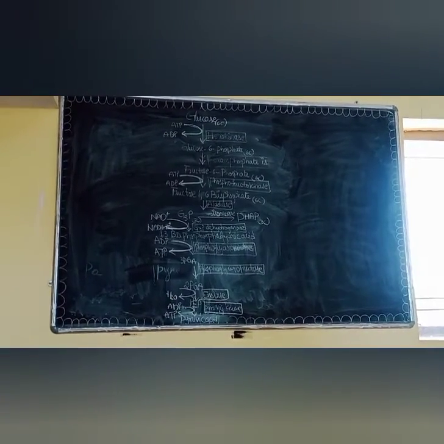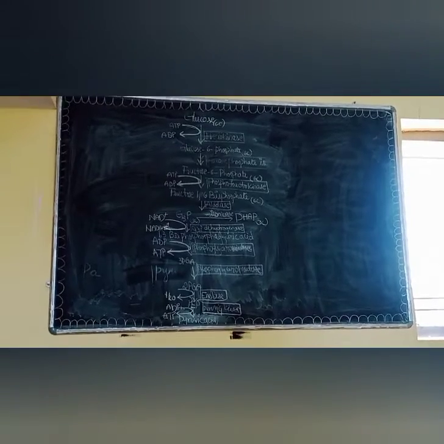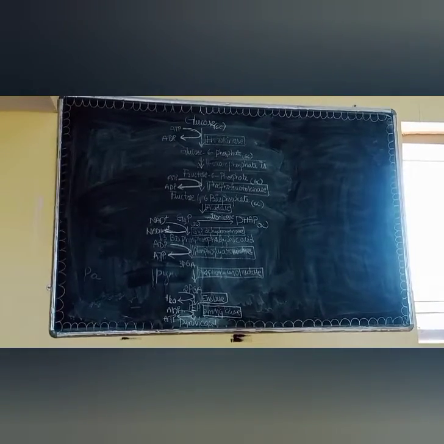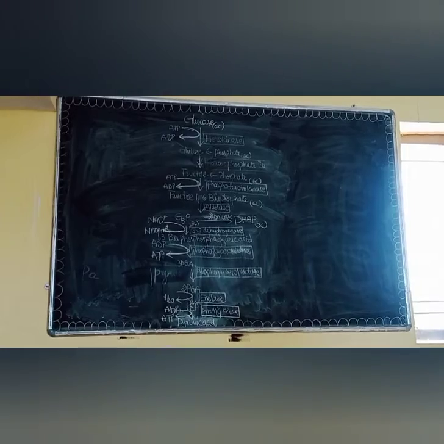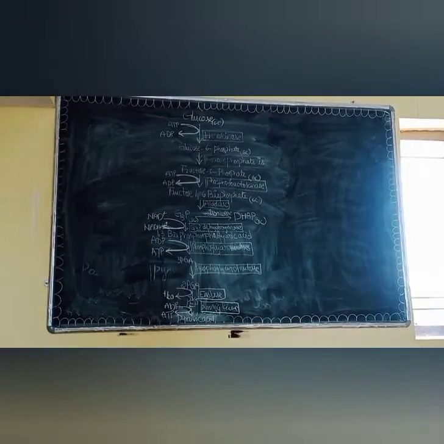From glyceraldehyde 3-phosphate we get 1,3-bisphosphoglyceric acid. The equation is: glyceraldehyde 3-phosphate in the presence of G3P dehydrogenase gives 1,3-bisphosphoglyceric acid. Here we are using NADP and converting it into the energy-rich compound NADPH plus H plus.